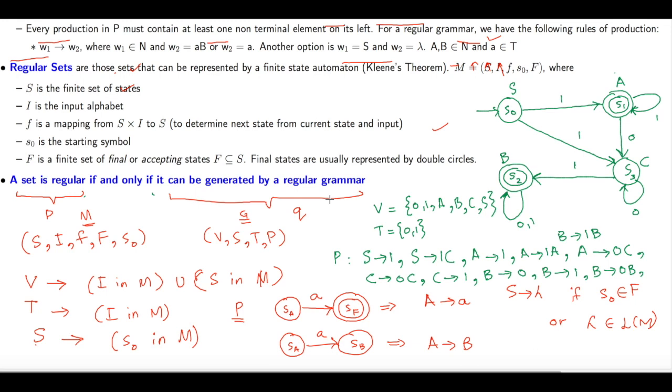Then for the other part, we took a non-deterministic finite state automaton and, using some rules, generated a grammar which leads to the same language as that of the automaton. Since the non-deterministic finite state automaton is related to the regular set through Kleene's theorem, we can eventually say that a set is regular if and only if it can be generated by a regular grammar.